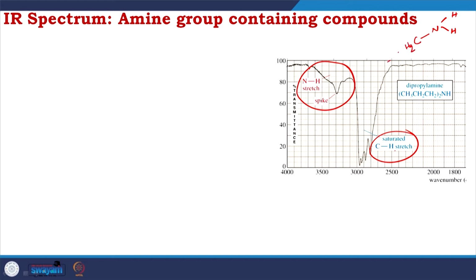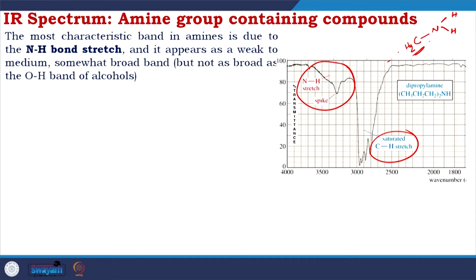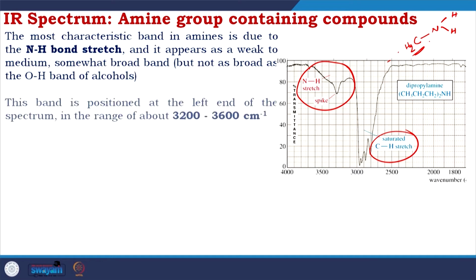The most characteristic band in amines is due to the NH bond stretch, and it appears as a weak to medium, somewhat broad band, but not as broad as the hydroxyl group. So, this is weak, the polarity or the dipole moment is not so high.